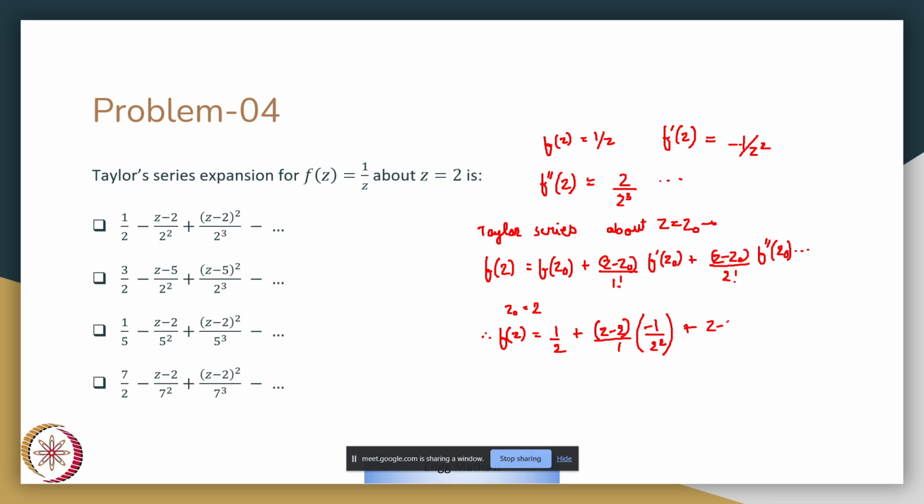plus (z minus 2) whole square by 2 factorial, which is 2, into 2 by 2 cube.